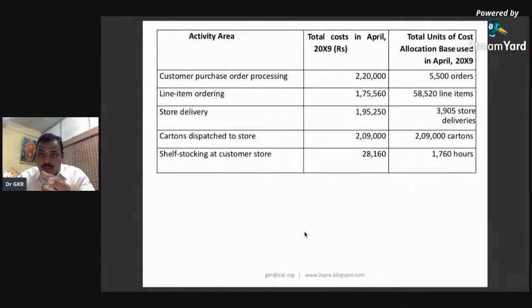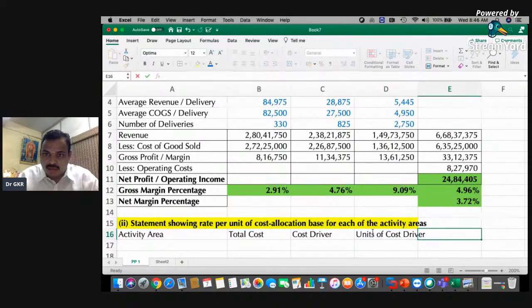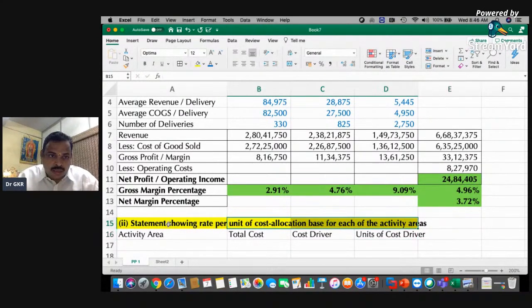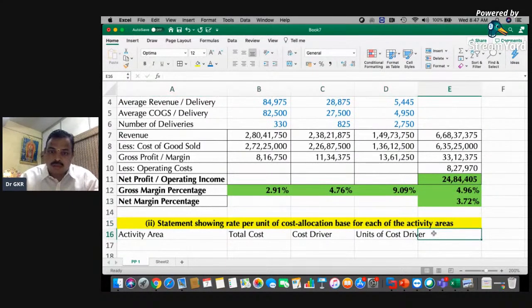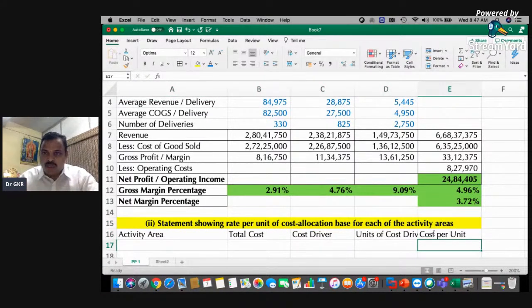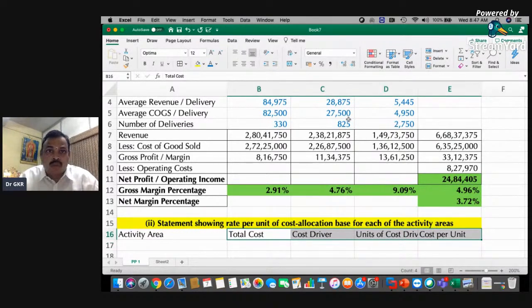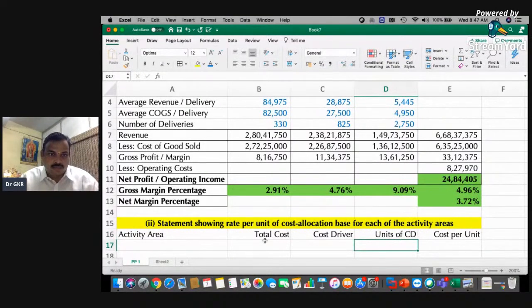And we'll have the units of cost driver. And what is your cost per unit? That will be the last one. Cost per unit of cost driver. This is what we are going to do here. So units of CD. What is CD? Cost driver.